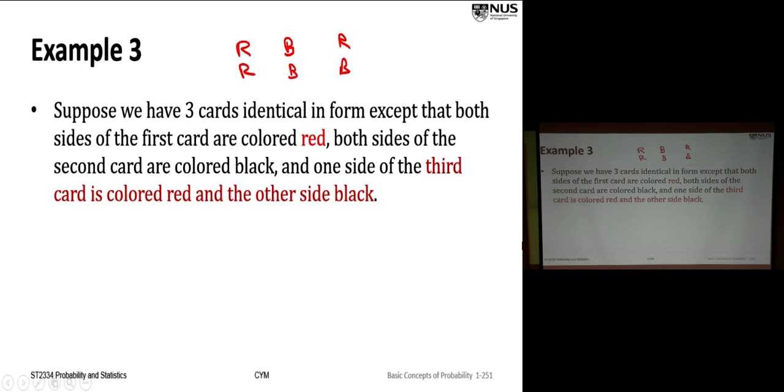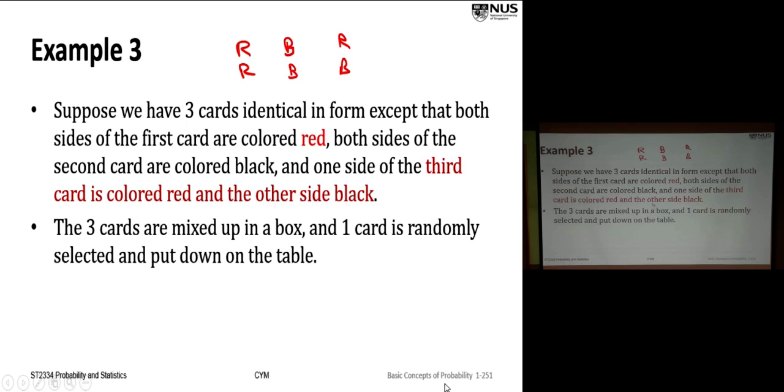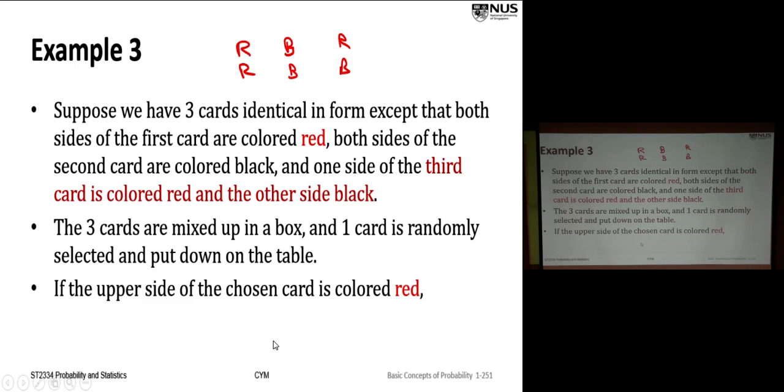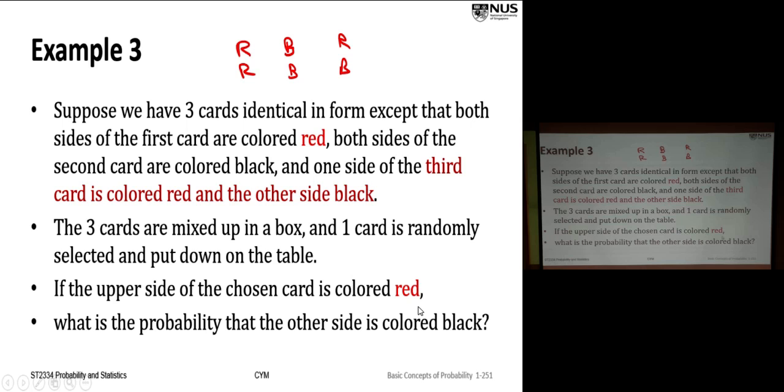Mix them in the box so you don't see the colors. You draw one card and put it on the table, so you can see at least one face. If the upper side is red, what is the chance that the other side is black?